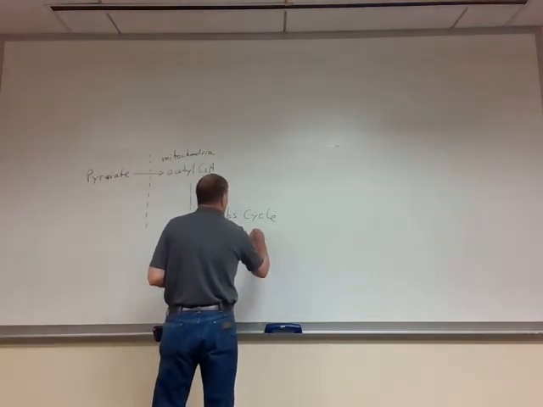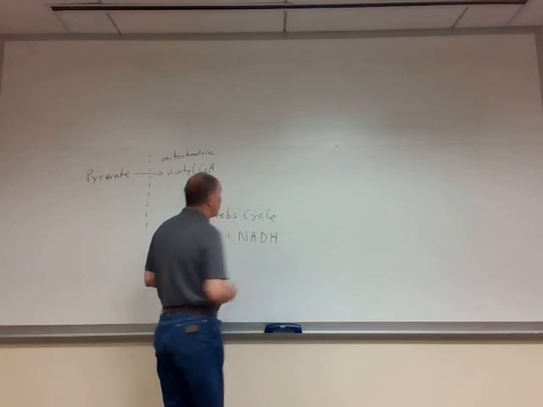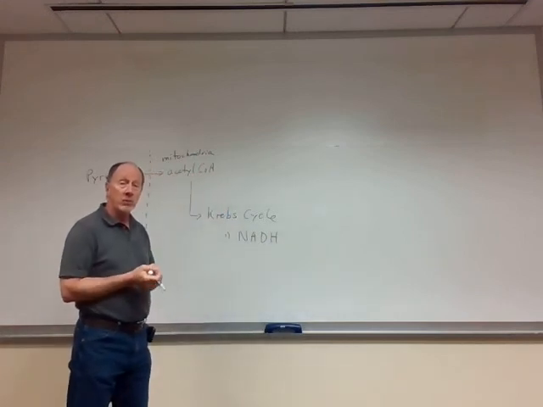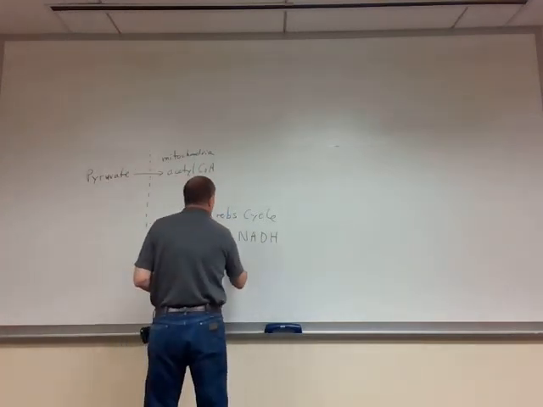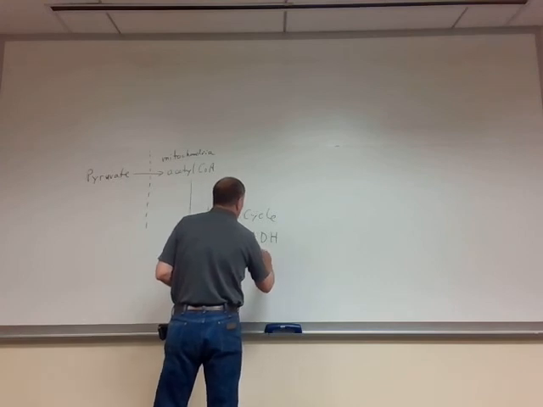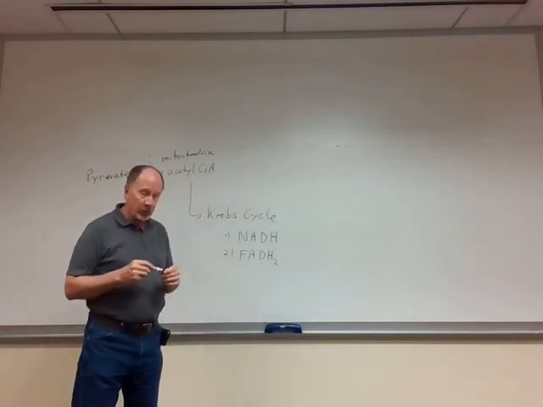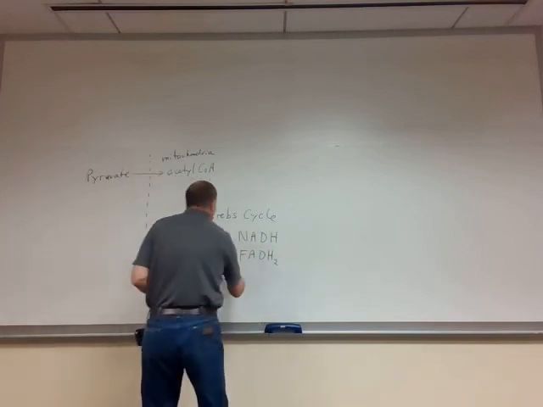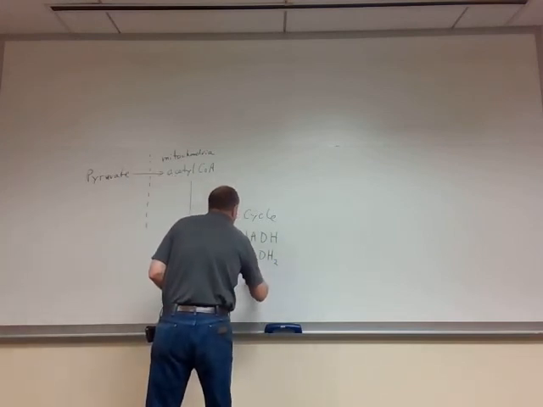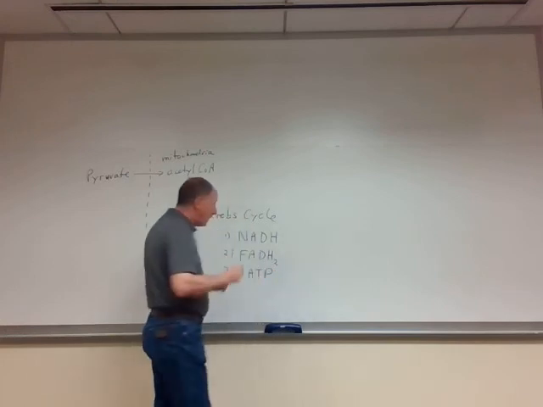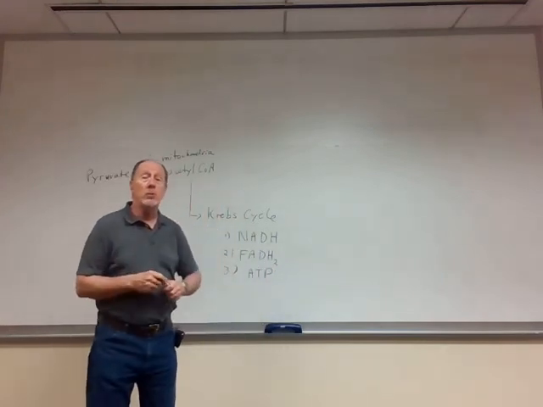So what we get out of the Krebs cycle is some more NADH, some more electron shuttles. We also get another electron shuttle, FADH2, and we also get some more ATP. We get technically two more.